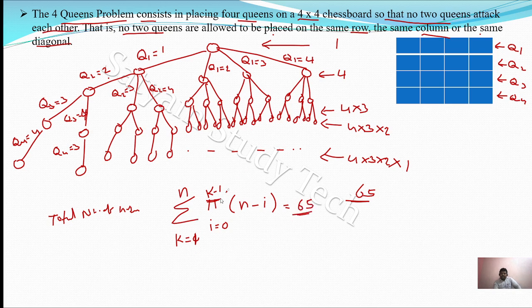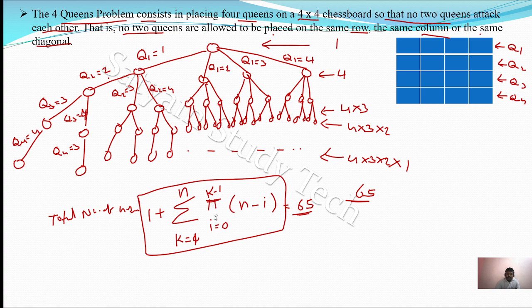So the formula is 1 plus the sum over k equal to 1 to n of the product over i equal to 0 to k minus 1 of (n minus i). Here 1 plus 4, that is n equal to 4, 4 minus 0, that is 4.